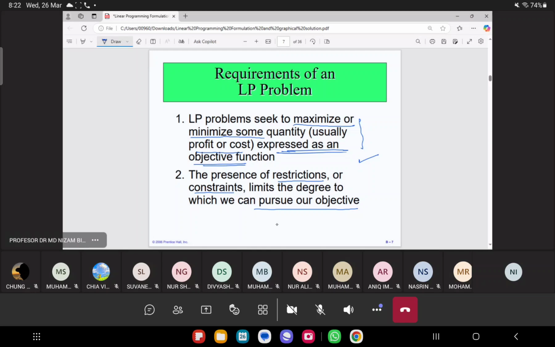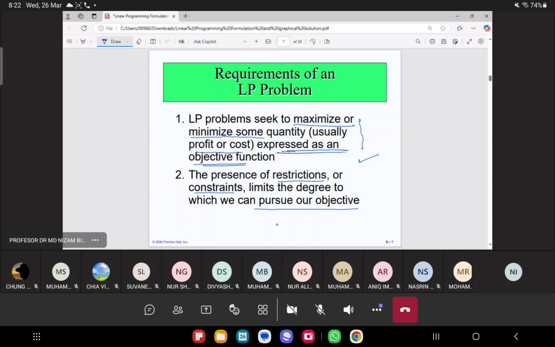Example, if you're in manufacturing, then usually your constraints are the number of equipment, number of operators, and number of materials that you can actually utilize to make a product, right?